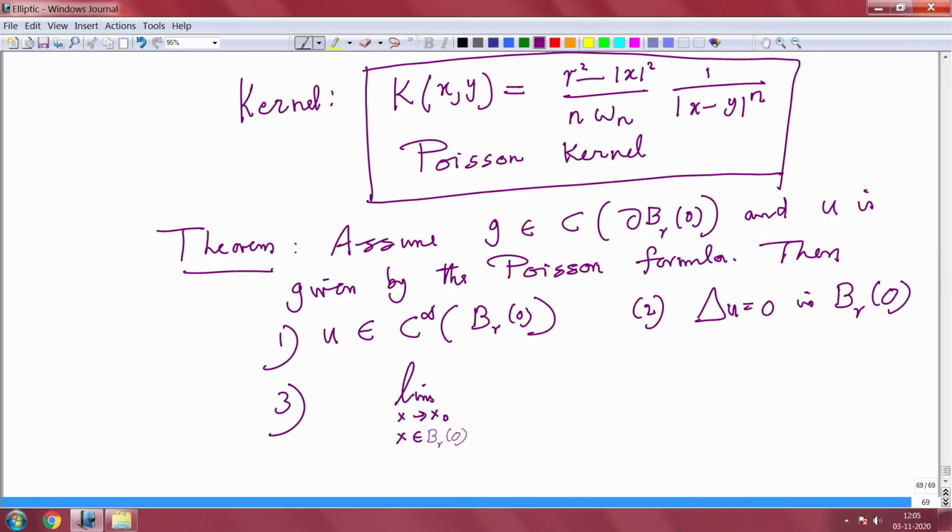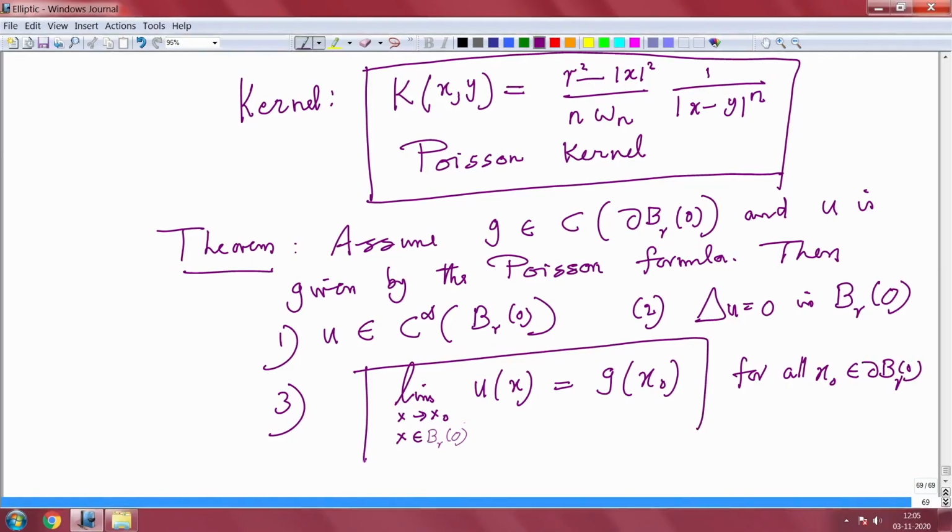But for x naught on the boundary, u of x is equal to... the proof is similar, you can do it for all x naught in the boundary of B_R(0). So you see, you understand the limit as the boundary values as limiting values inside U given by the Poisson formula.